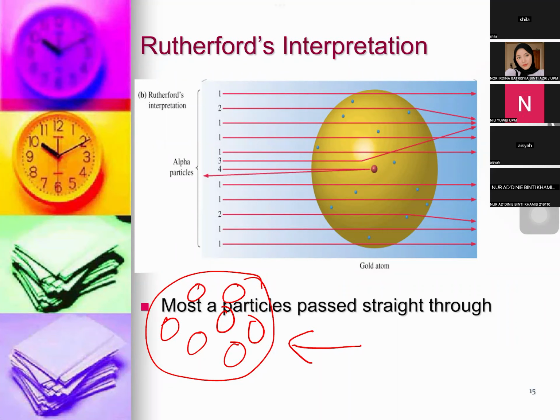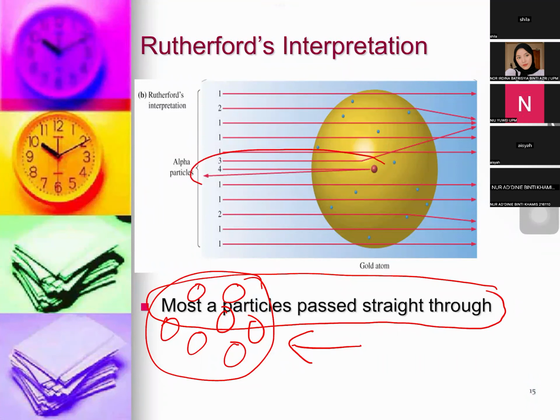So you see that this is by Rutherford, and the most important observation is most particles pass through. Only some small amount of alpha particles are deflected back, but most pass through.